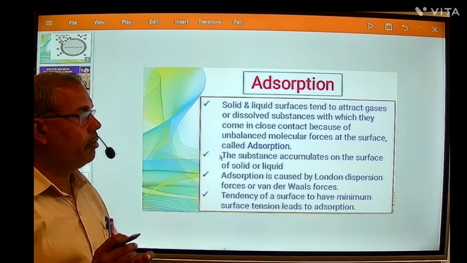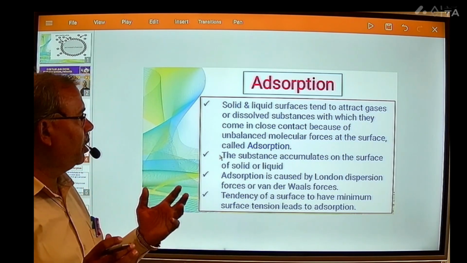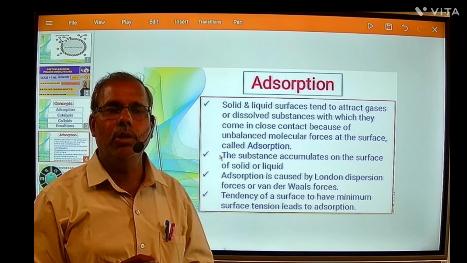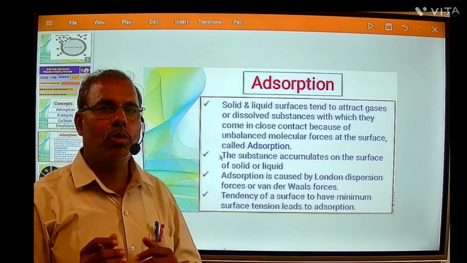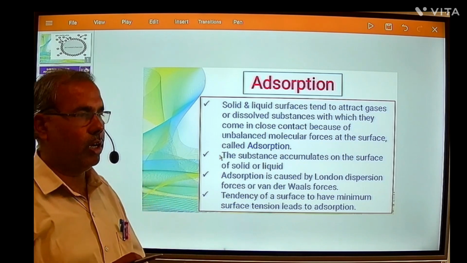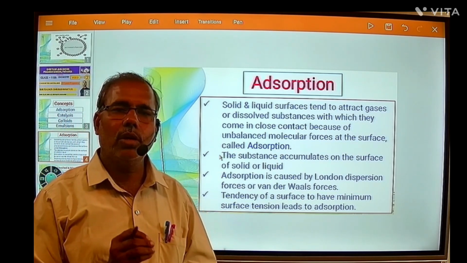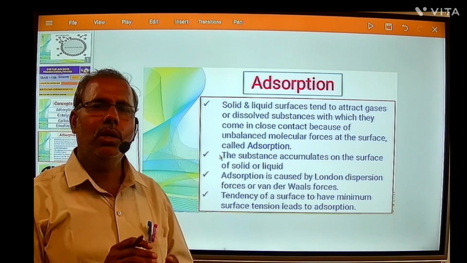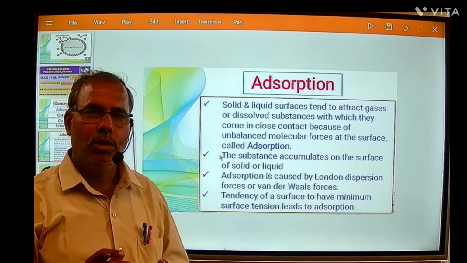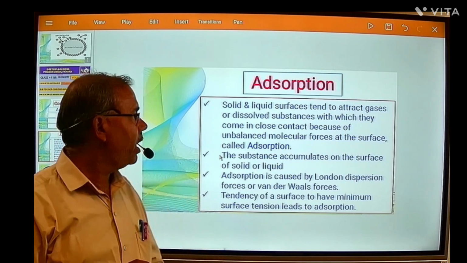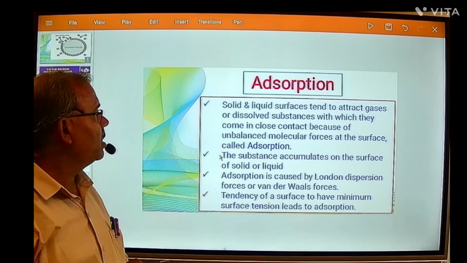So solid or liquid surfaces attract the other molecules, maybe gas molecules, liquid molecules, or solid molecules dissolved into them, with which they come in close contact, and they tend to accumulate these substances on their surfaces.